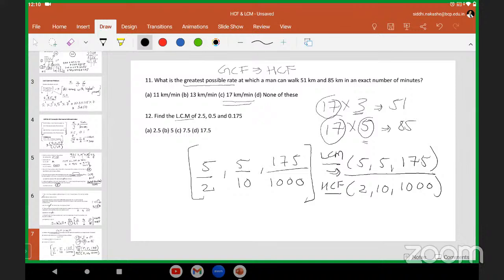Question number 11, everyone got this? Anyone who has doubt so far concepts में, किसी question में? Anyone? Nobody?